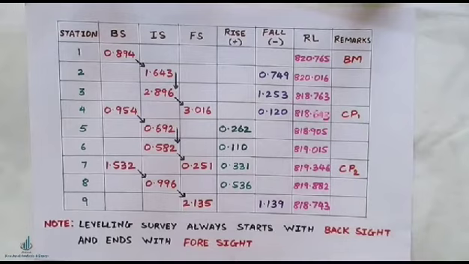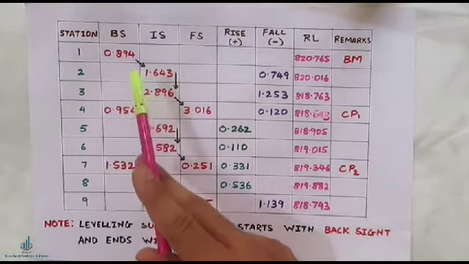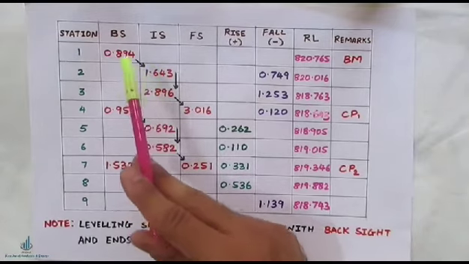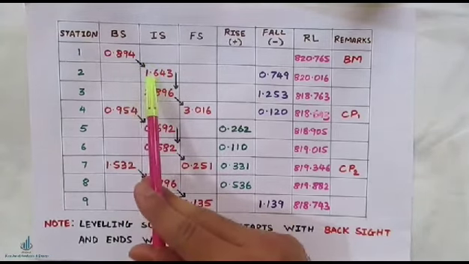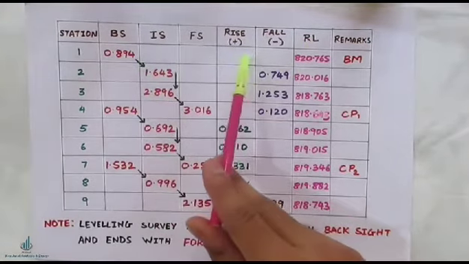In height of instrument you find the height of instrument at each setting of the instrument, but here there is no height of instrument. So in the rise and fall method, what you have to remember is you have to subtract the staff readings. Whether it is from bigger to smaller or smaller to bigger doesn't matter, you subtract the readings. The first row will not have any rise or fall.